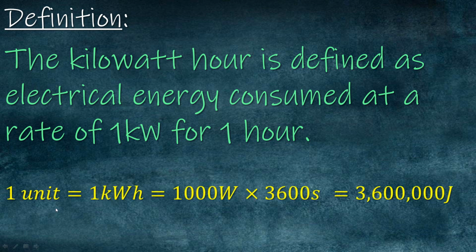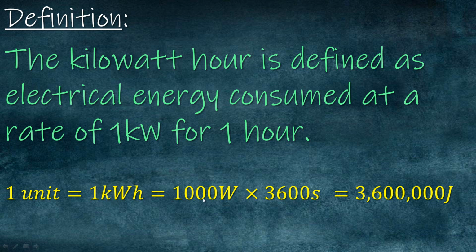So 1 unit of electricity is what we call 1 kilowatt hour, and if you want to convert this energy to joules, convert the kilowatt to watts. That will be 1000 watts, and convert this 1 hour to seconds. That's 3600 seconds.